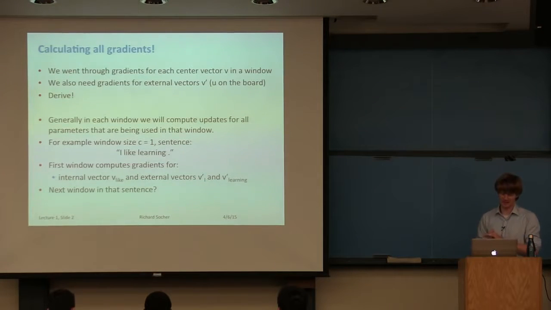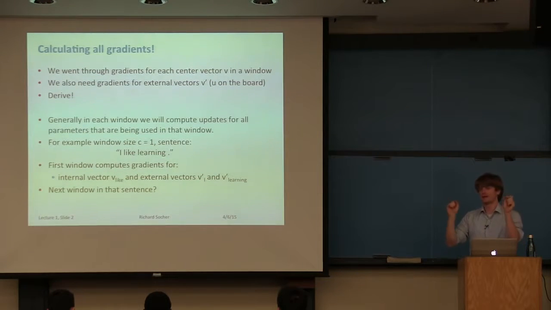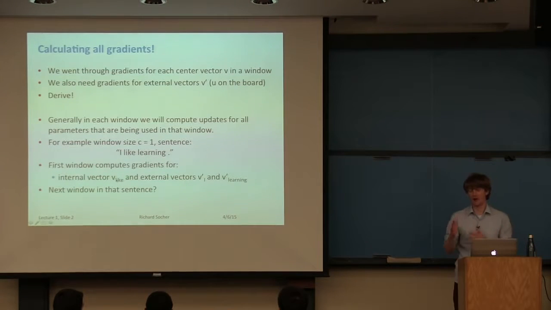So let's look at the example here. If I have the sentence "I like learning," and my C was only 1, so I only look at one word to the left and one word to the right that I try to predict, then in that first window we'll compute the gradients for the internal vector v for "like" and the external vectors for v prime "I" and v prime "learning."